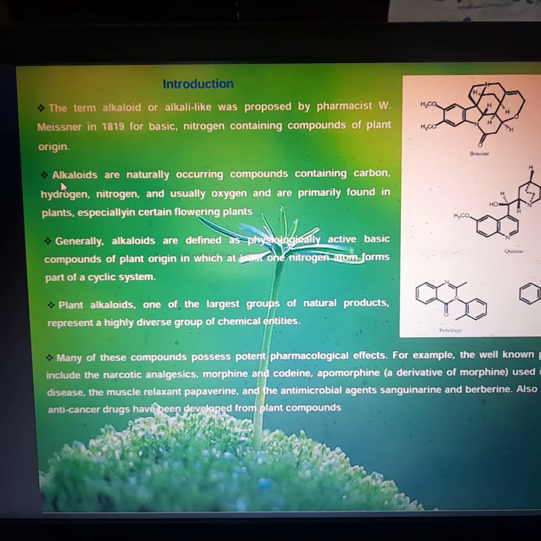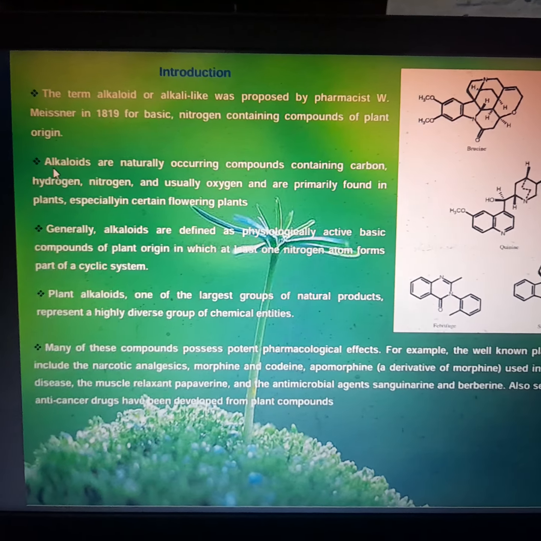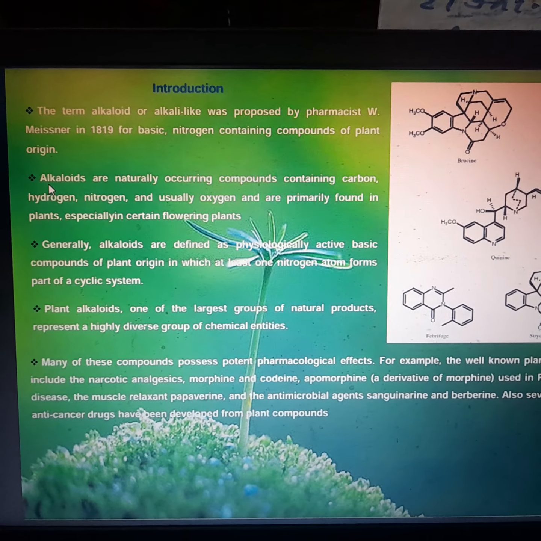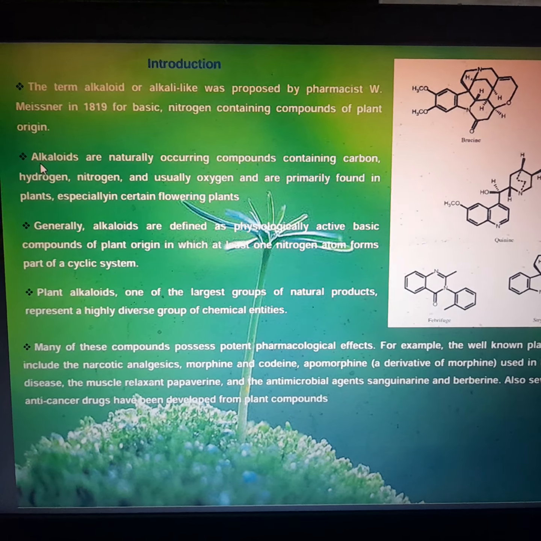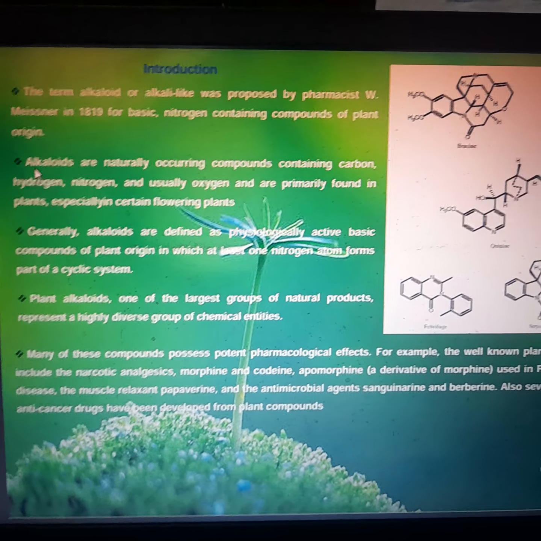Next point, alkaloids are naturally occurring compounds containing carbon, hydrogen, nitrogen, and usually oxygen, and are primarily found in plants, especially in certain flowering parts.